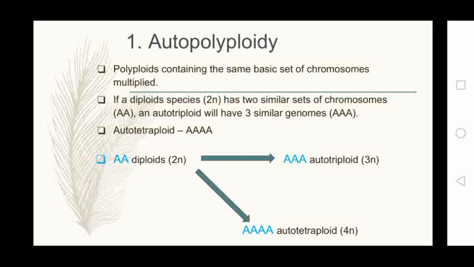This type of organism carrying similar chromosomes multiplied is known as autopolyploidy.